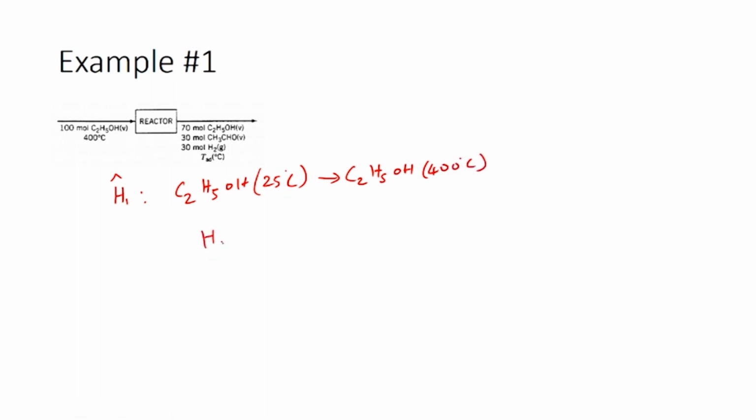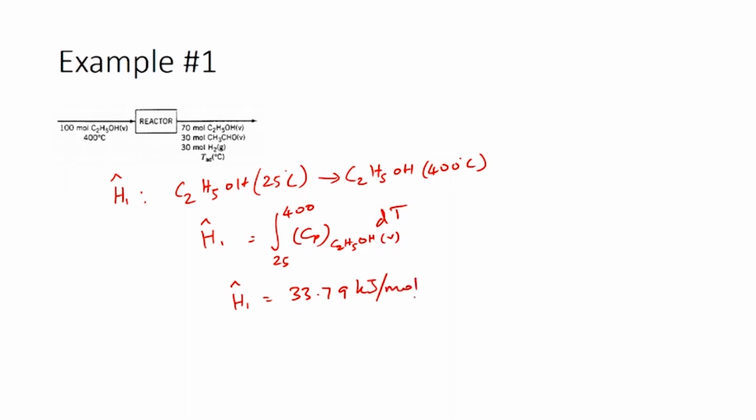Your H1 cap would be equal to integral 25 to 400 Cp of ethanol vapor, C2H5OH vapor, dT. We need to get the Cp for ethanol, and we will be able to perform this calculation, and this would give us a value H1 cap of 33.79 kilojoules per mole. You can get the Cp value from your textbooks or other reference books.